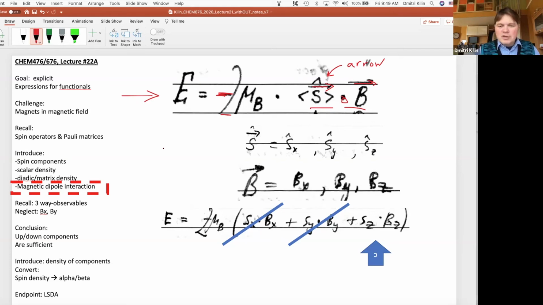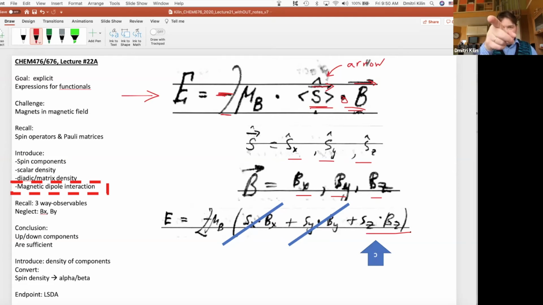Okay, now in mathematical sense, this equation of the compass can be written as a scalar product of S vector times B vector. S vector contains X, Y, and Z components, B vector X, Y, and Z components. If we want to simplify our life drastically, we can forget about X and Y direction and think only about Z direction, which means our spin or our compass will be one-dimensional.